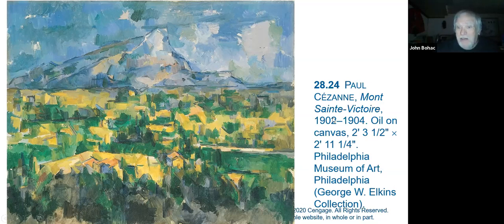And so Mont Sainte-Victoire, this was outside of his home, his studio, and he painted this many times. That was kind of like Monet painting haystacks over and over again, because every time you see it, you see something a little different.